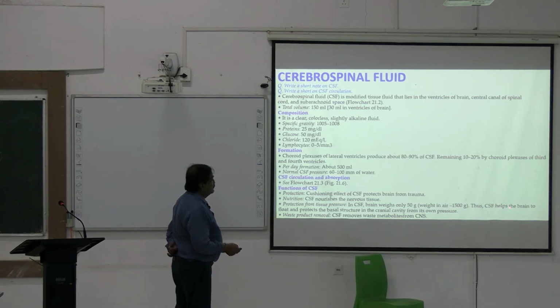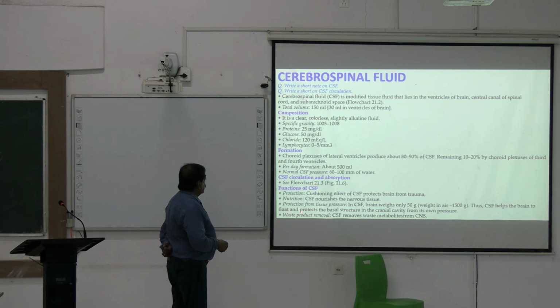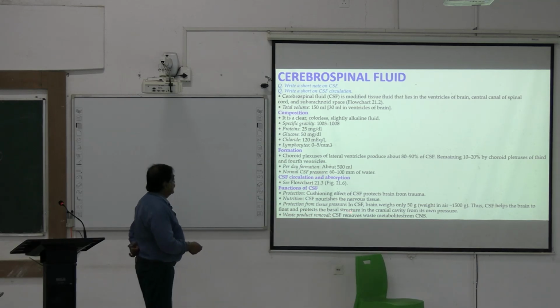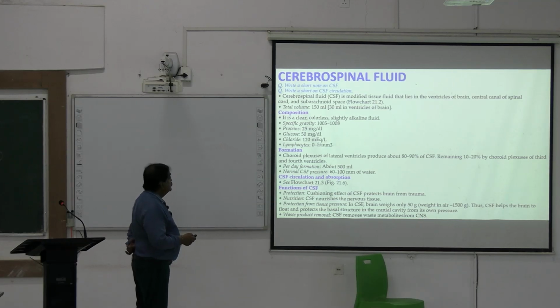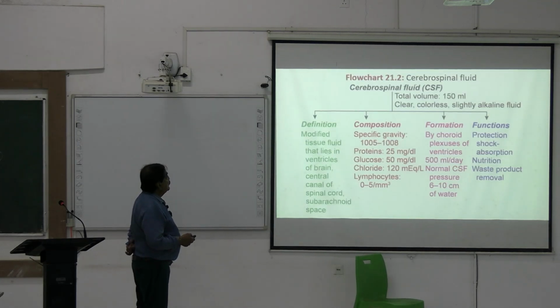Thus, CSF helps the brain to float and protects the basal structures in the cranial cavity from its own pressure. Waste product removal: CSF removes waste metabolites of the central nervous system. And it has a big role.